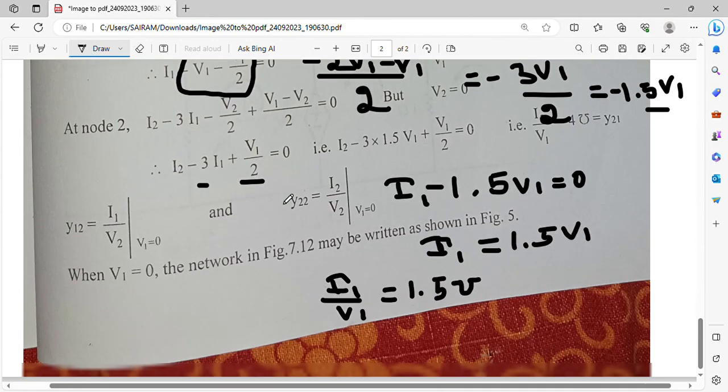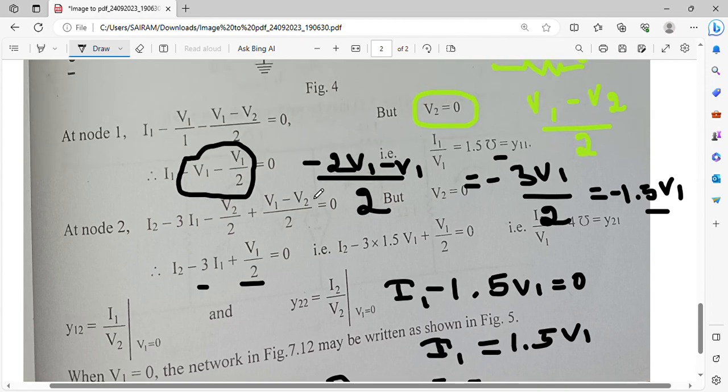If I simplify this, V2 is 0, so 0 by 2 is equal to 0. Now I get I2 minus 3I1 plus V1 by 2, which is equal to 0.